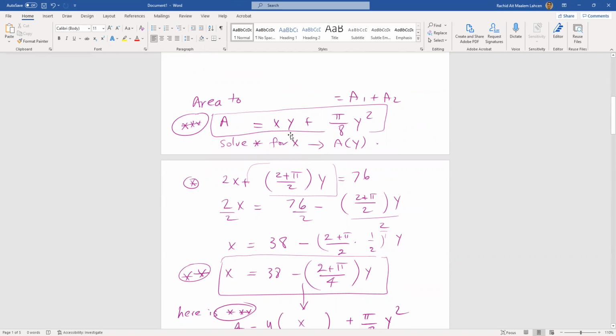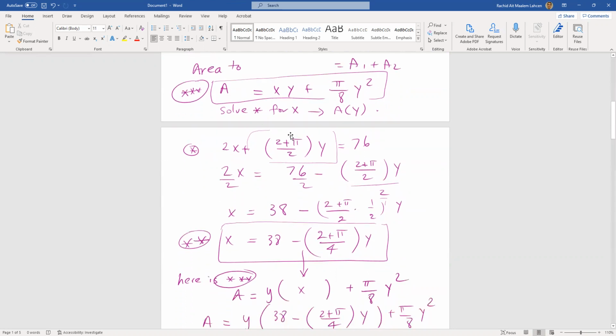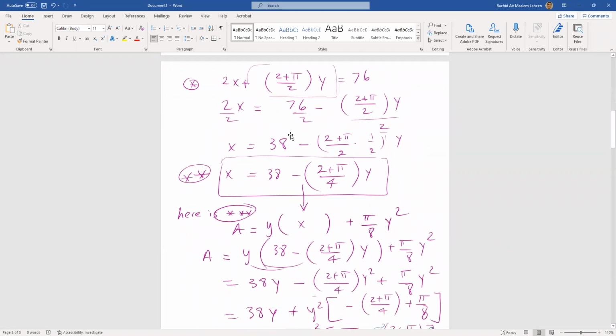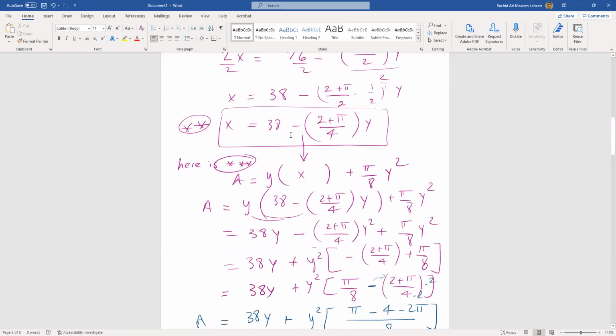Then I went back to that perimeter and I decided maybe x is better to solve for, because if I solve for y, I will have more stuff to use. So since I used x, the area has that substitution made to be a function of y.